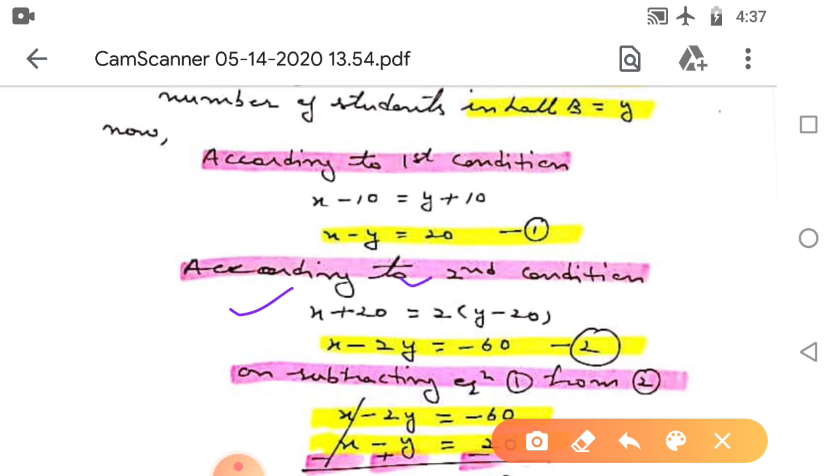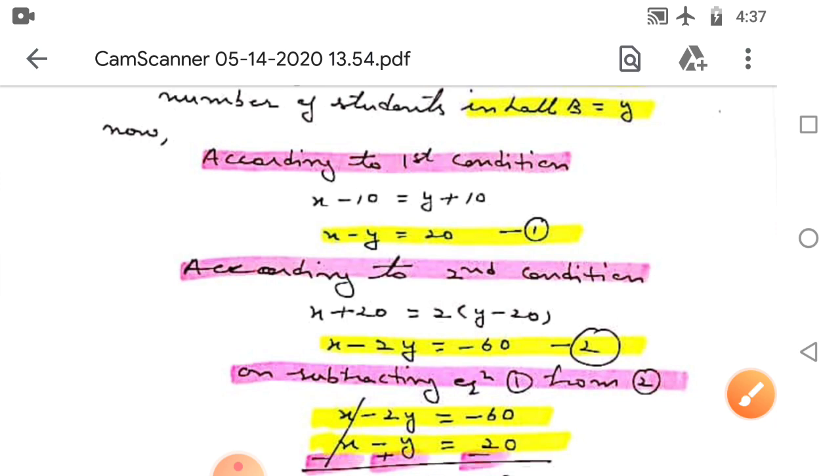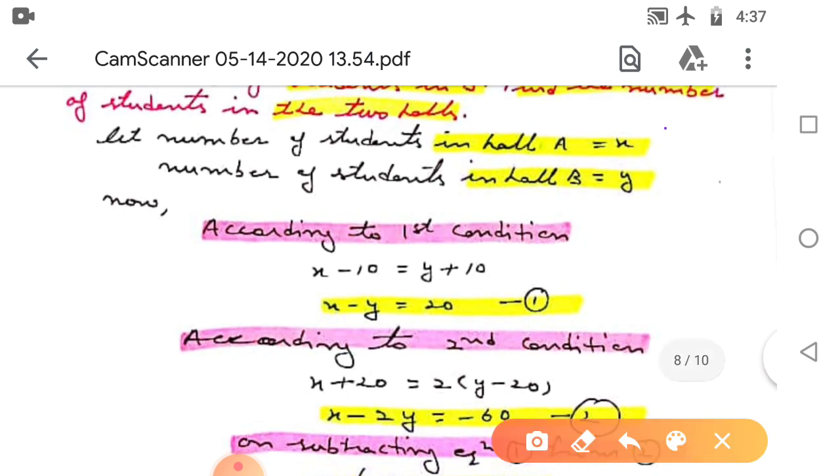Initially it was X. Now in hall B how many students are left? Initially Y, 20 gone, so what is left is Y minus 20.